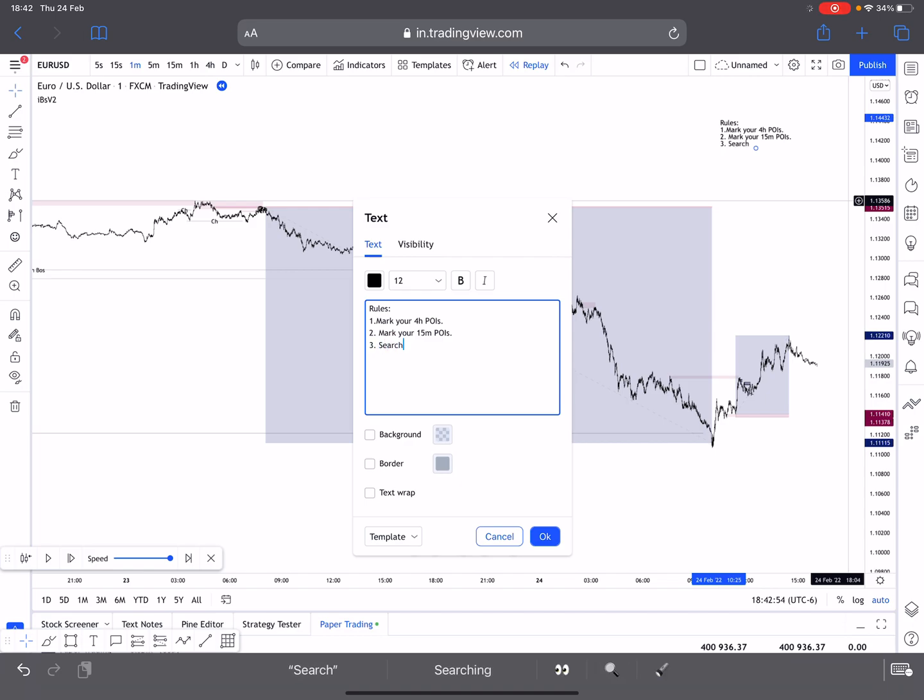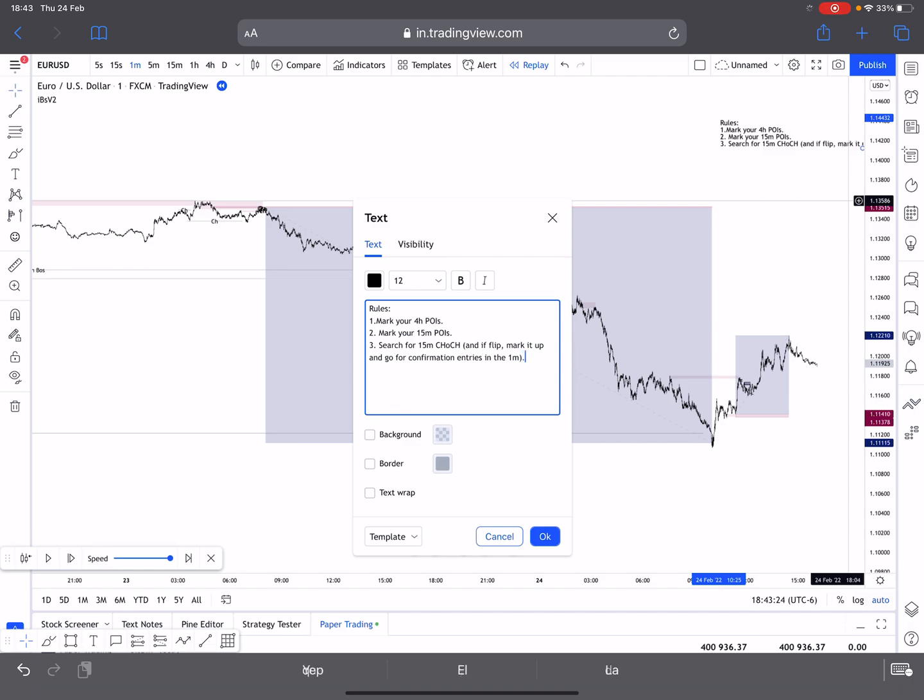Three, search for 15-minute chalk, and if flip, mark them up. And four, go for confirmation entries in the 1 minute.